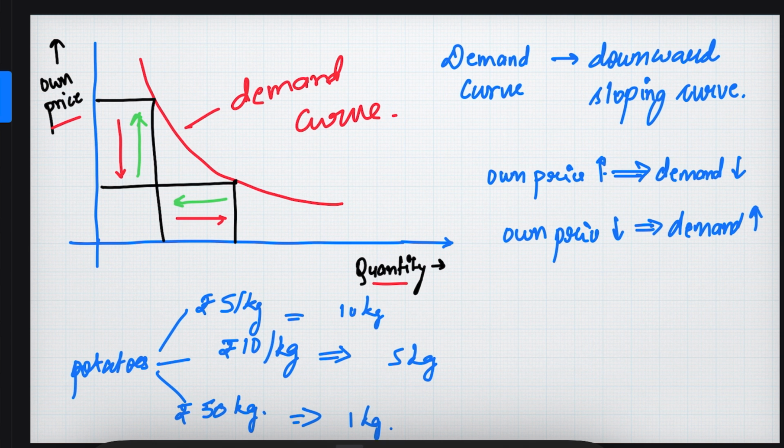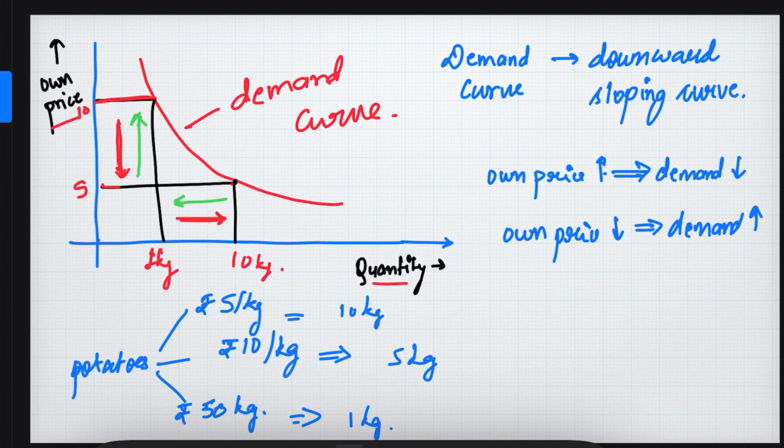From this graph, we can deduce that if the price of a certain good, which was say 10, reduces to say 5 rupees, then the demand for that good increases from say 1 kg to 10 kg.